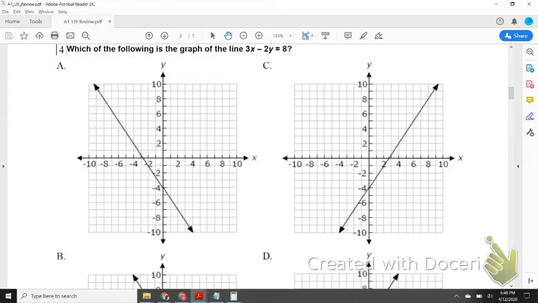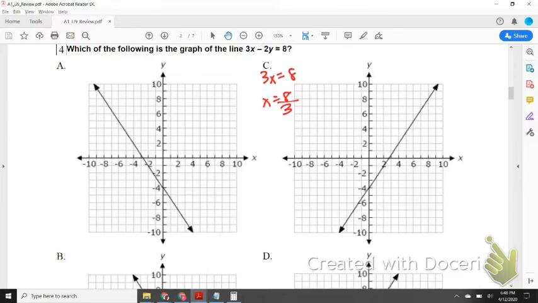Lots of different ways to look at this. You can plug in your zeros to find your intercepts. For example, your x-intercept is where y equals 0. So if you substitute a 0 for y, that will cancel and you get 3x equals 8. Therefore, x equals 8/3. Okay, so that's your x-intercept. And then you could do the same thing to find your y-intercept.